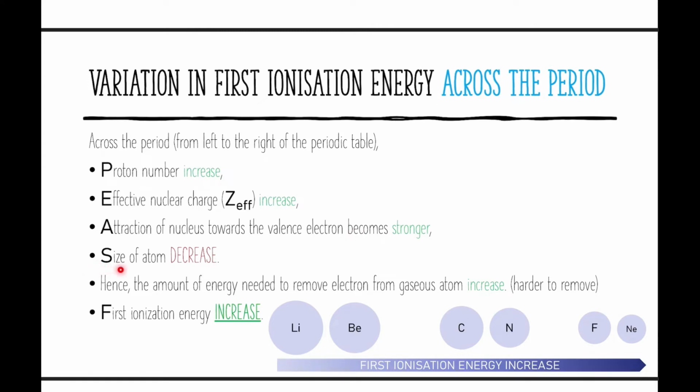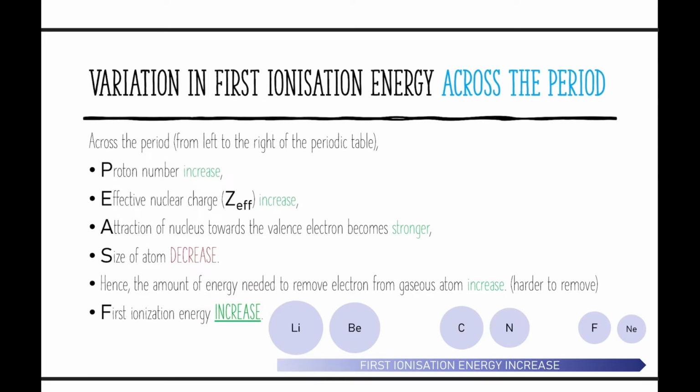However, the size of the atom decreases due to the stronger attraction of the nucleus towards the valence electrons. Hence, the amount of energy needed to remove an electron from the gaseous atom increases, which means it is harder to remove that electron due to the smaller size of the atom towards the right of the periodic table. Therefore, the first ionization energy increases.